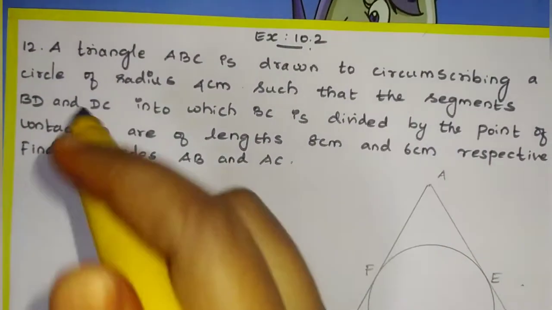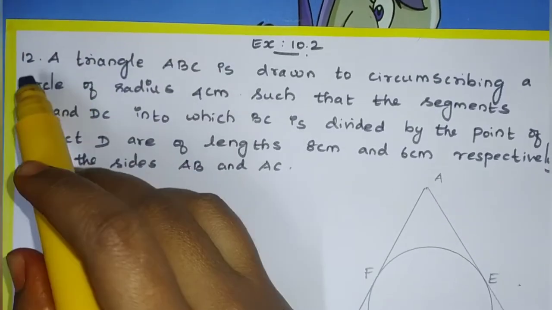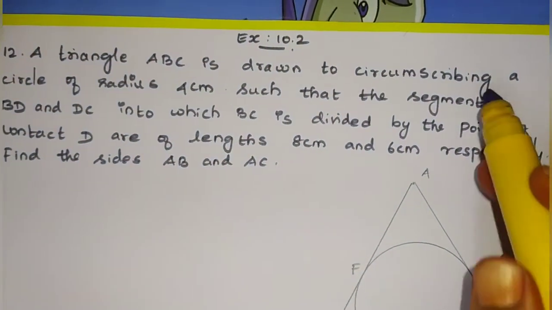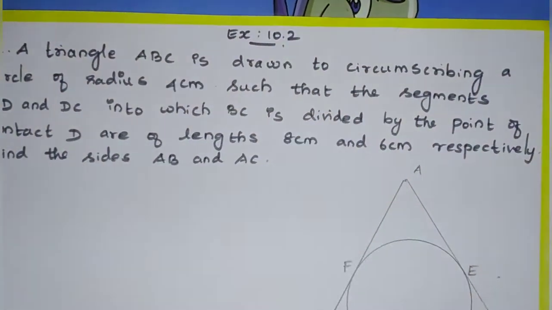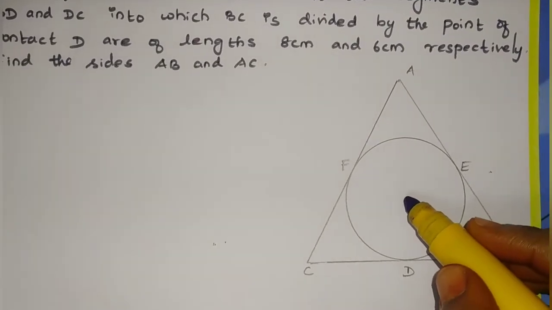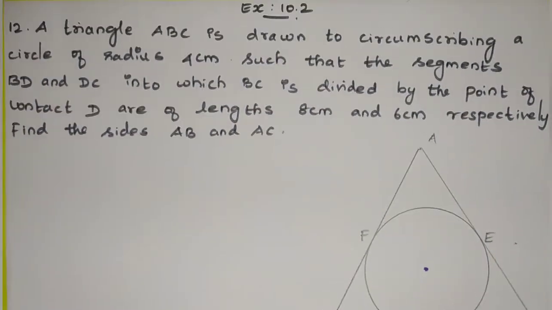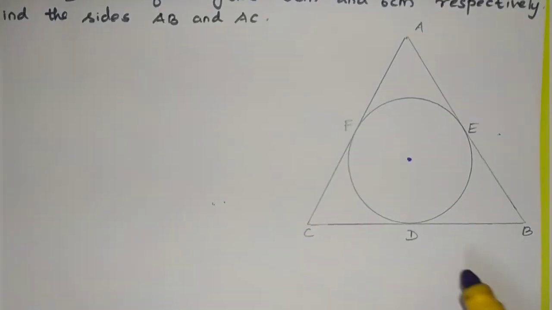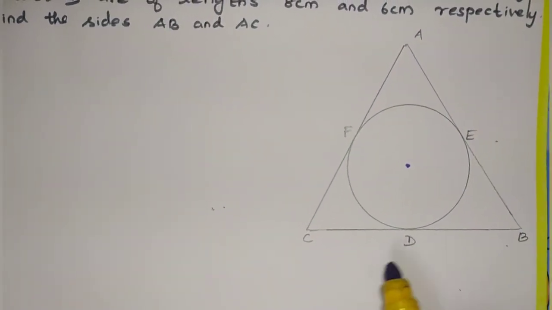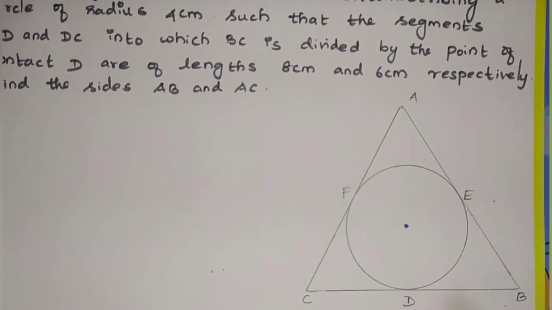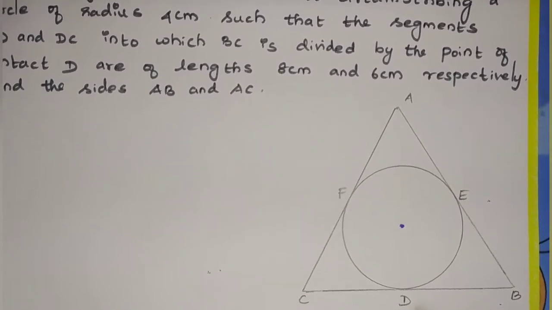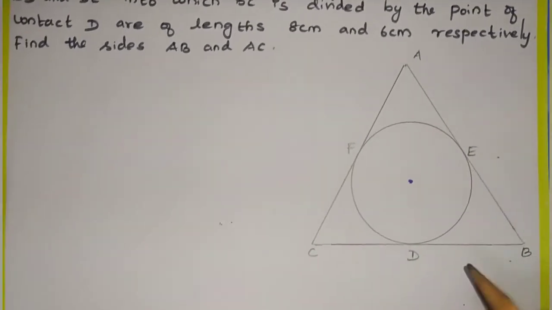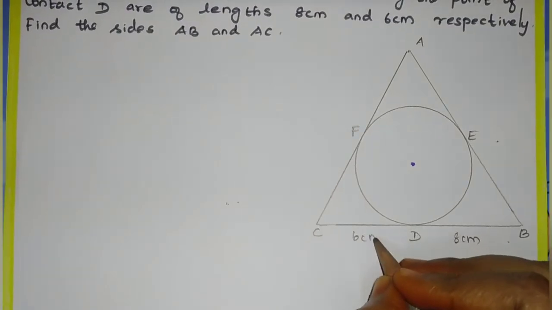Namaste, students. 12th problem. In this, a triangle ABC is drawn circumscribing a circle of radius 4 centimeter, such that the segments BD and DC, into which BC is divided by the point of contact D, are of length 8 centimeter and 6 centimeter respectively.